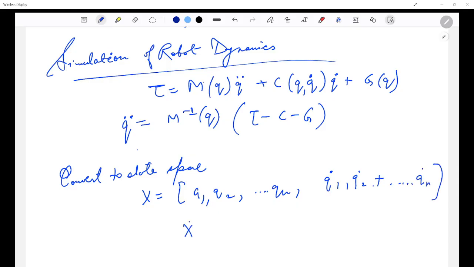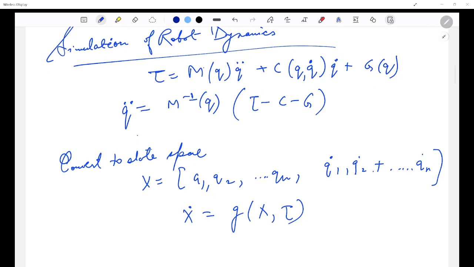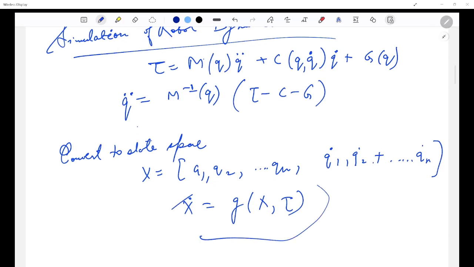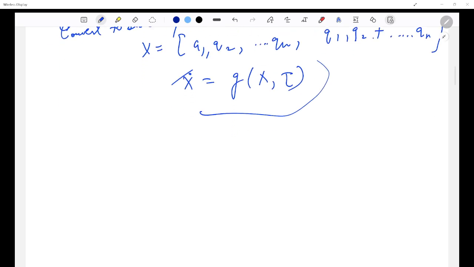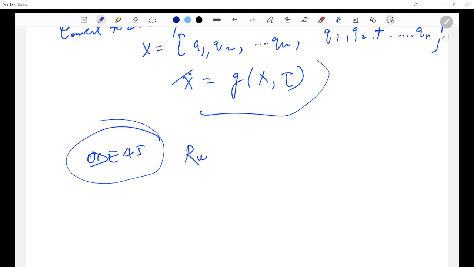In this way we can write x dot is equal to g as a function of x and tau. You can easily solve this equation of motion in MATLAB; ODE45 is best for solving these integrations, and Runge-Kutta methods are also good.